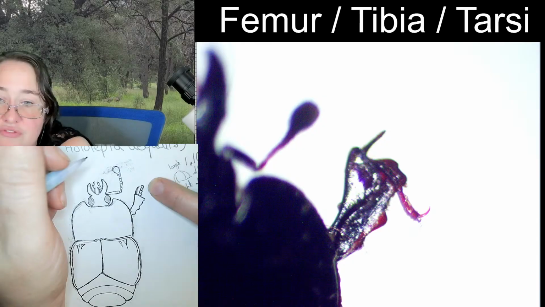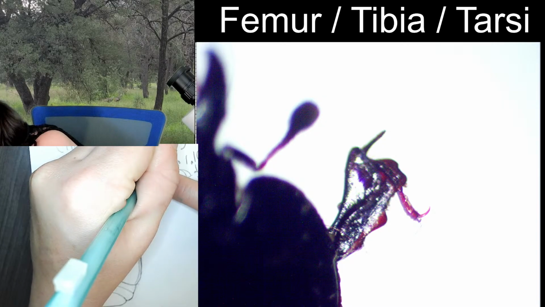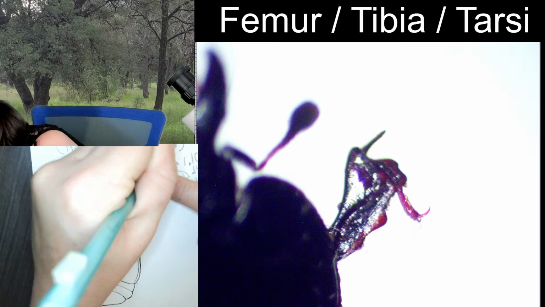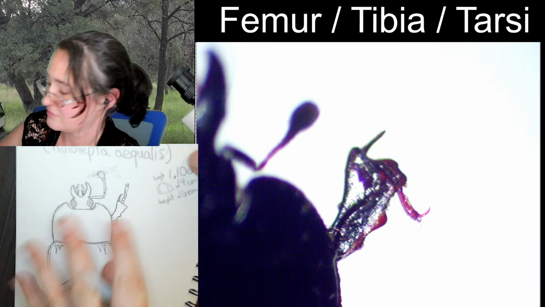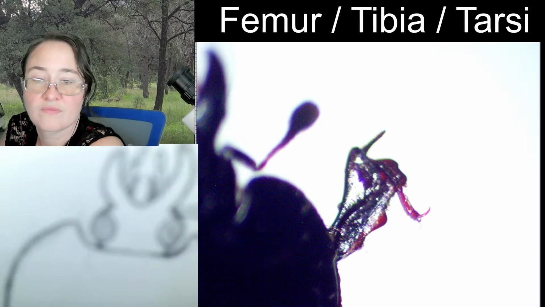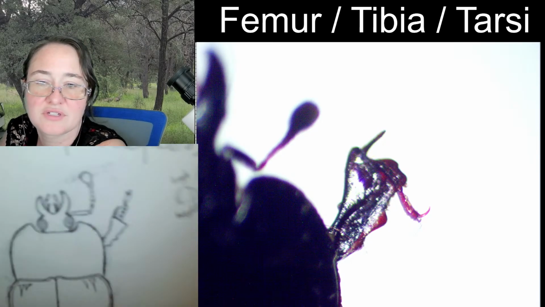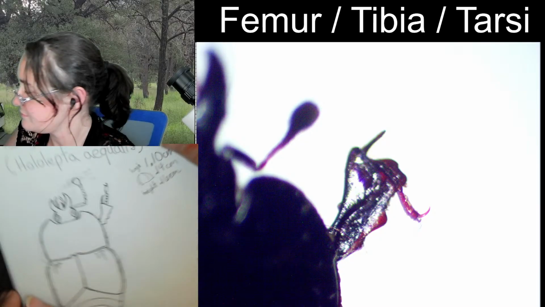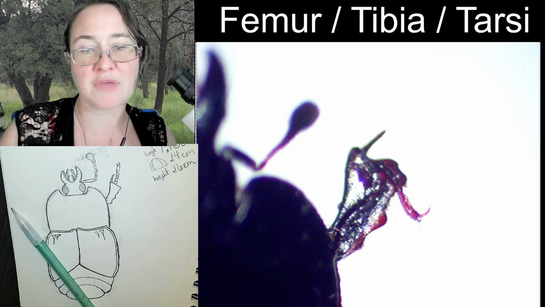And then the 5th segment is that raindrop. And then 2 tarsal claws. Tarsal segment there, and the tibia. Alright, let's move back to the middle leg.